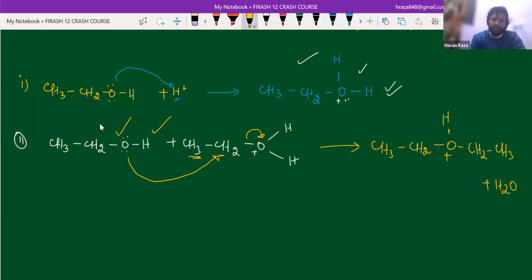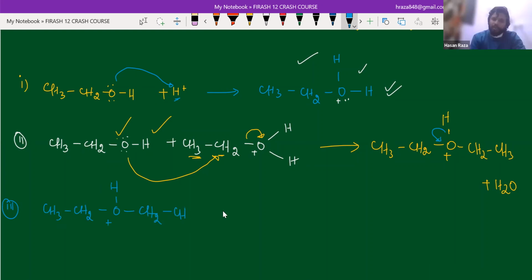Now, as you can see, again oxygen has a positive charge, and a positive charge on oxygen is very unstable. So it will take the electron from hydrogen to stabilize itself. So I'm going to write it in the third step. This is CH3CH2, and there is O and hydrogen. There is a positive charge on O, and then CH2, and then CH3.